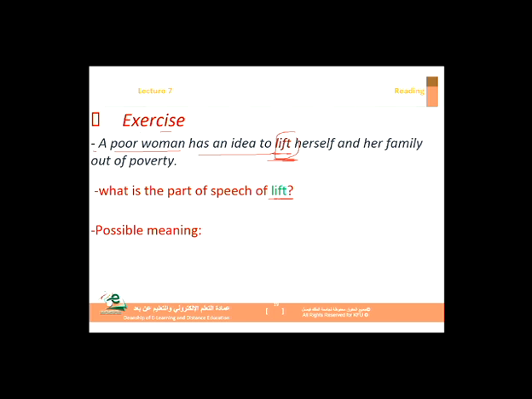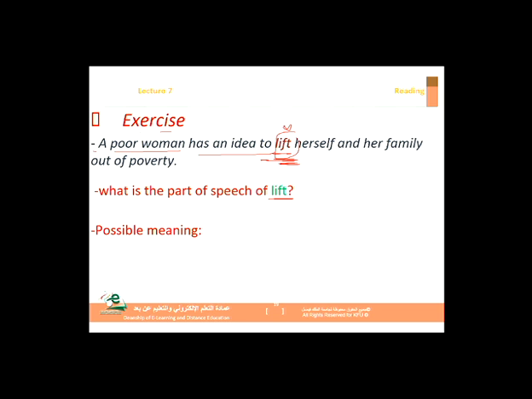Okay, let's read it. It's preceded by "to": to lift herself. So what part of speech is lift? It's a verb. In this context here, it's a verb. The word lift can be a noun, but not in this example here. Why?